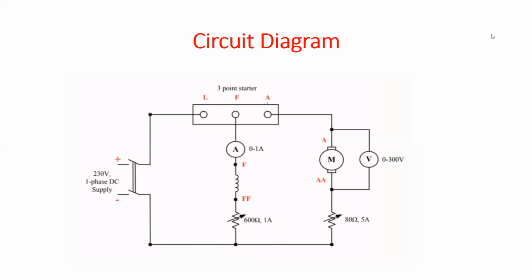Whenever field current breaks, the current through the relay coil reduces to 0, and the relay changes its contact. It disconnects the armature from the supply, so that field failure is taken care of.